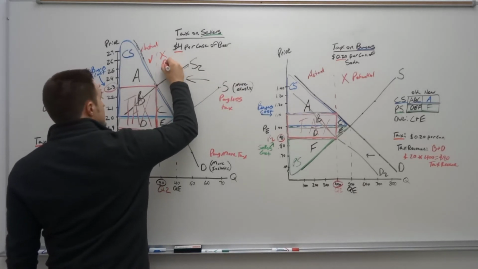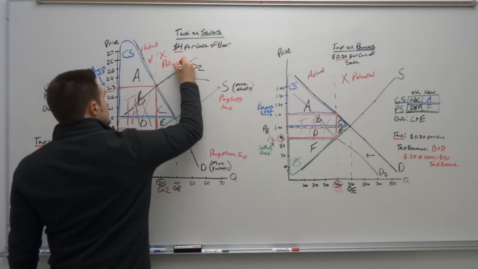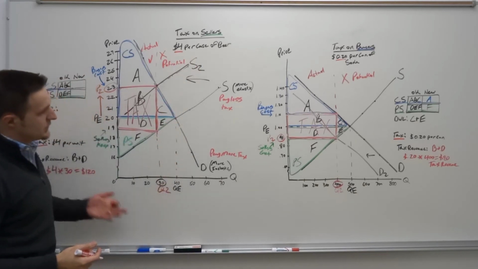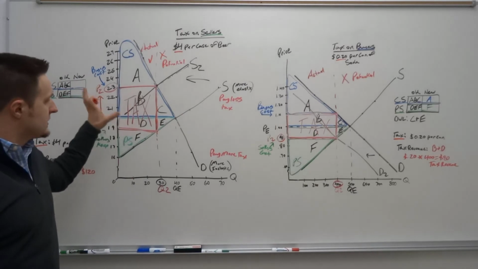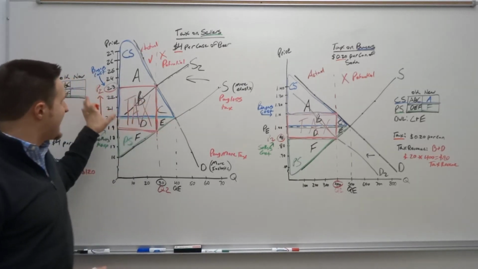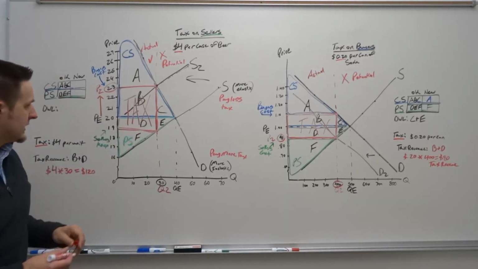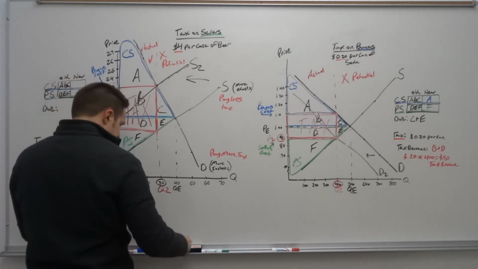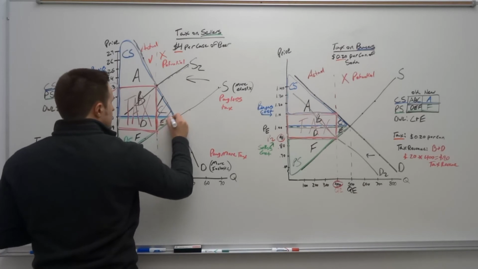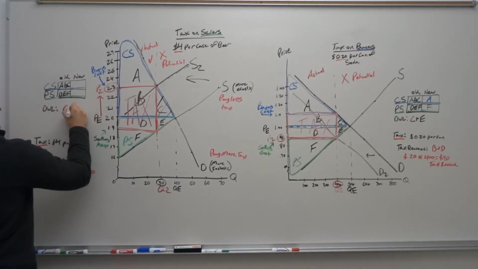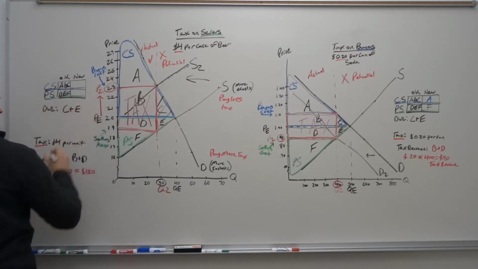So you might think of that as potential. Those are buyers and sellers that would be willing to buy at certain prices, but they're not in the market right now based on the specific price and tax that's been implemented. Okay, that means that areas C and E are the deadweight loss. Okay, so our deadweight loss is area C plus E.